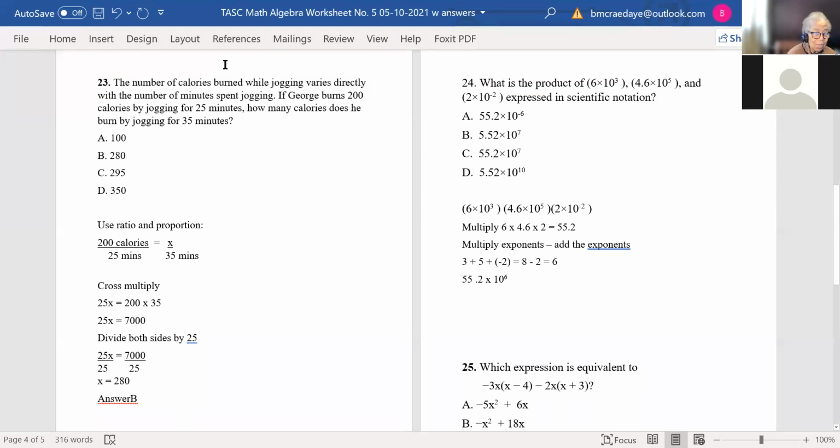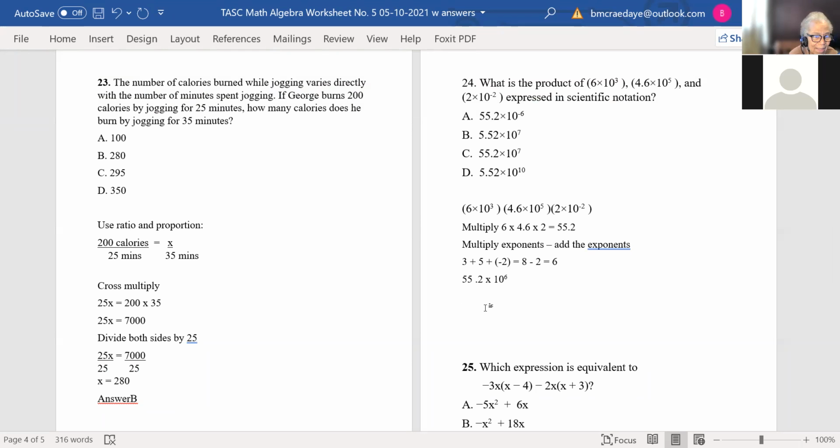Now that's what we got: 55.2 times 10 to the 6. Do you see that answer there?